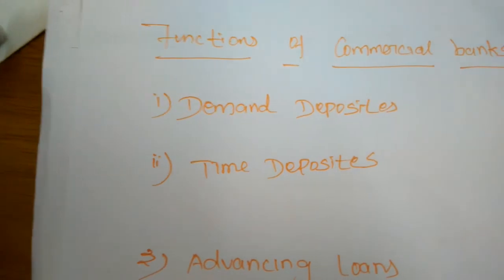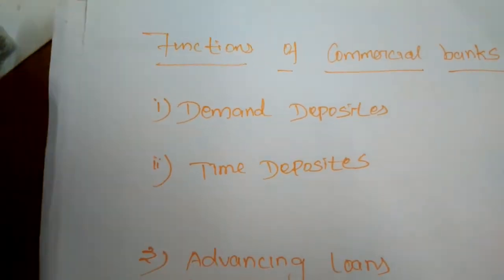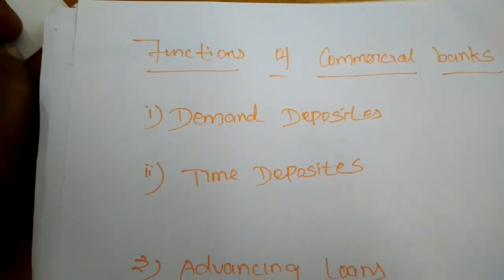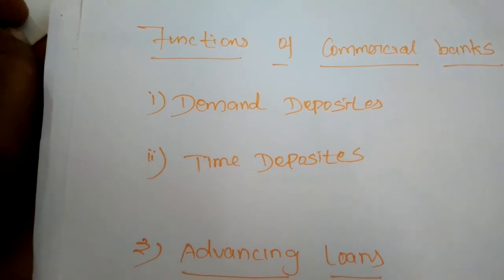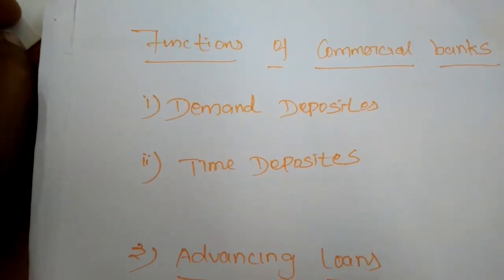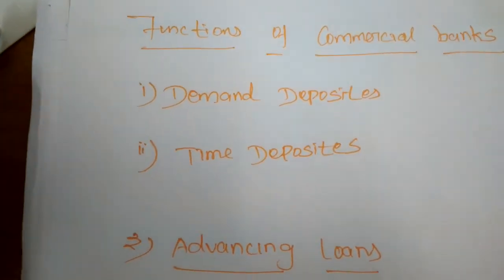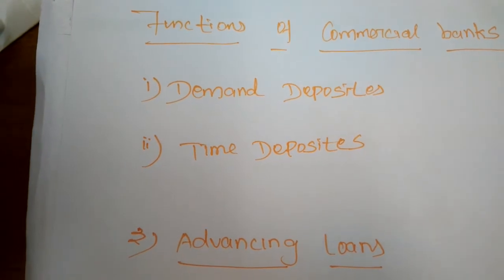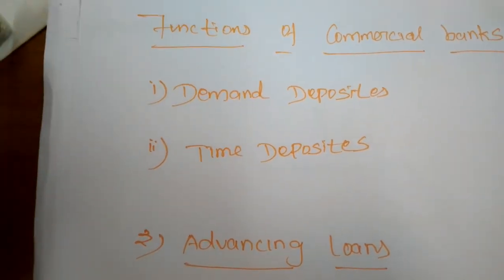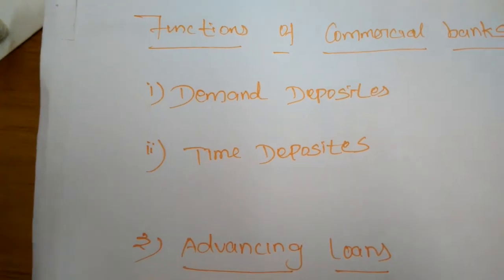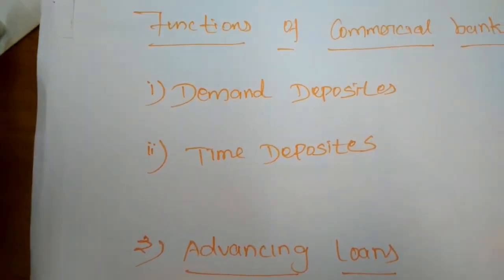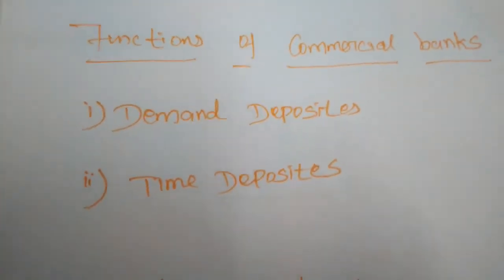First, the primary functions. The primary function of the commercial bank is accepting deposits. The commercial banks are mainly dependent on public deposits.